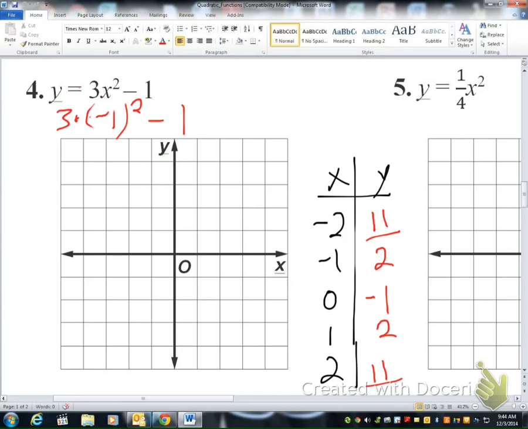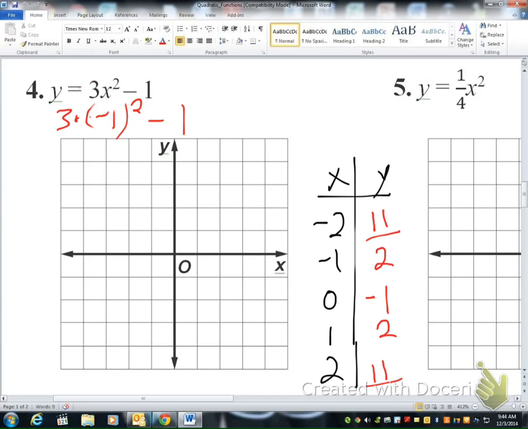It wouldn't even make it out here. So you don't have to count by 3s on y just because you count by 3s on x. So what I did is I made this 1, 2, 3, 4, -1, -2, -3. But I made this 2, 4, 6, 8, 10, like that.